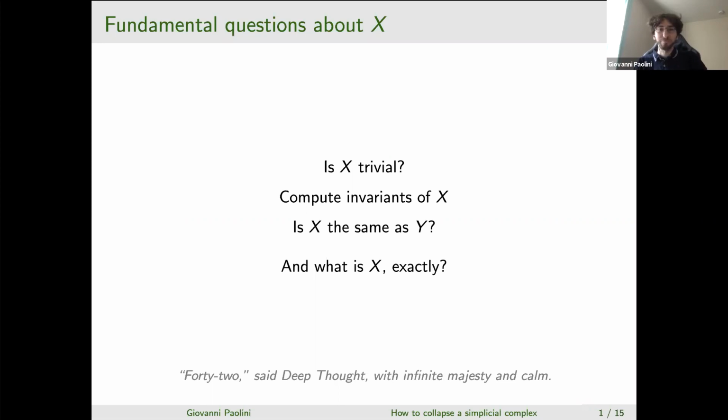So X could be a group or a topological space or a knot. But still, often one wants to know if X is trivial. One wants to know invariants of X and questions like this. Today, we are particularly interested in topological spaces.